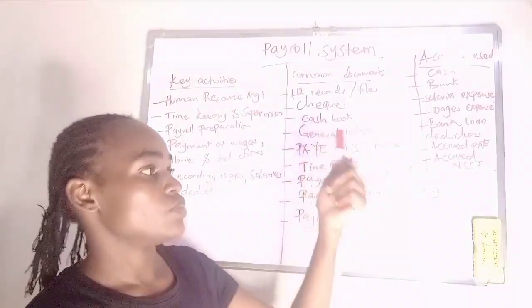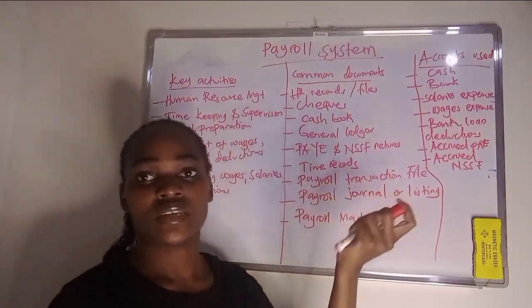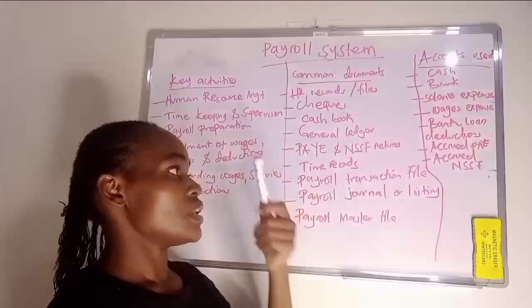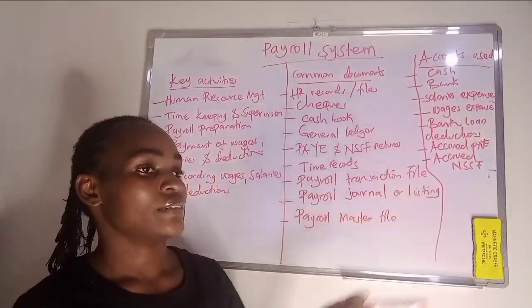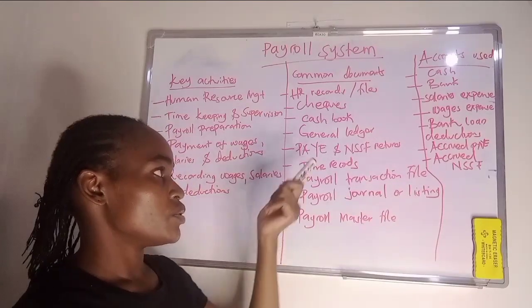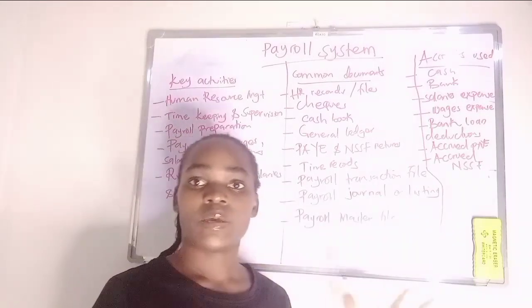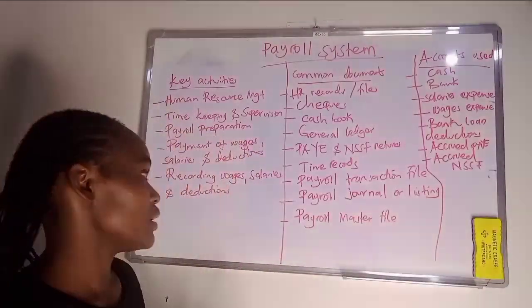Then we have the cash book. This one records the receipts and then payments of the organization. So it records when salaries or wages are paid. Then the general ledger, it also records the salaries and wages, when cash is paid or when they are paid through the bank, stuff like that.